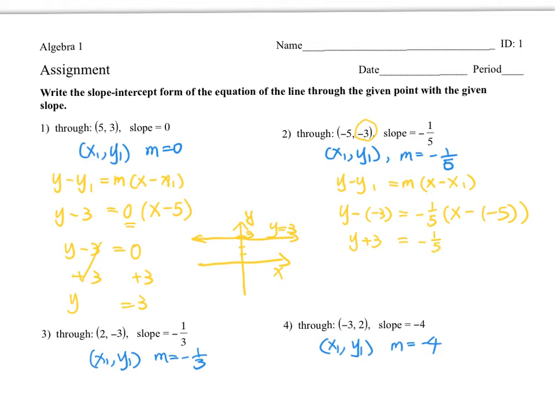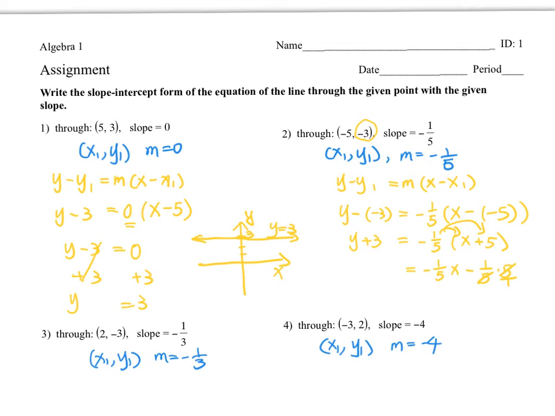Then on the right-hand side, I'm going to simplify what's inside the parentheses, which is a double negative as well and becomes positive. Now I distribute negative 1/5 times x minus negative 1/5 times 5. Some of you may choose to write plus 5 times negative 1/5. That's fine too. Notice that this 5 cancels because 5 is 5/1.